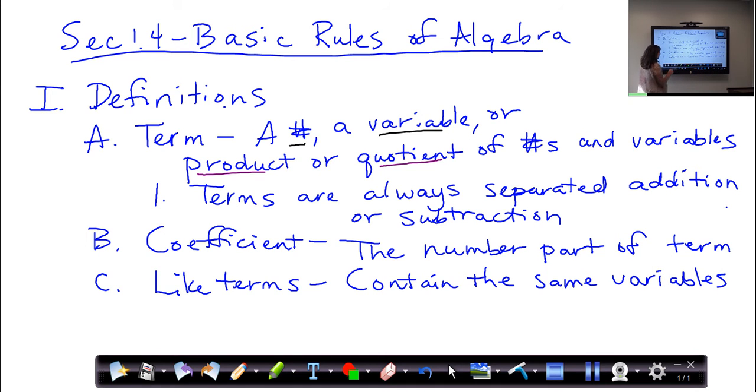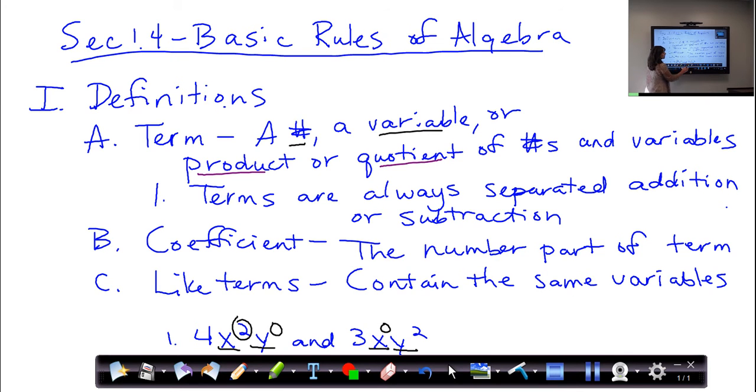but it's much more than that, because let's say, for instance, that I've got a 4x squared y and a 3xy squared. Well, they have the same variables. They both have an x, they both have a y. Here's an x, here's an x. Here's a y, here's a y. But notice that this x is to the second power, whereas this x is to the first power.